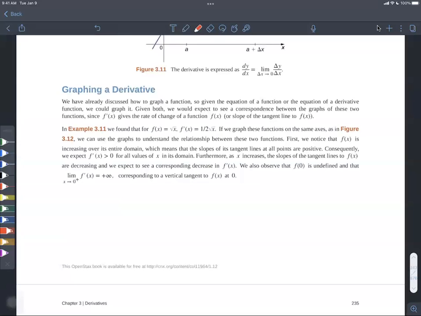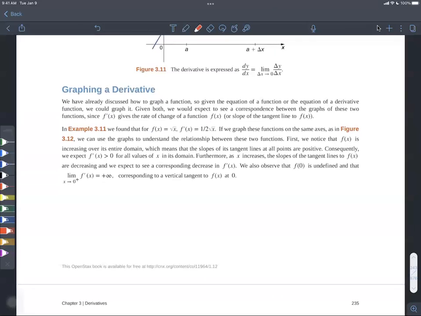So yeah, they're related somehow, right? F of x and f prime of x. F prime of x is giving you the rates of change of the function f of x. So if you look at both of their graphs, they should be related in some way.